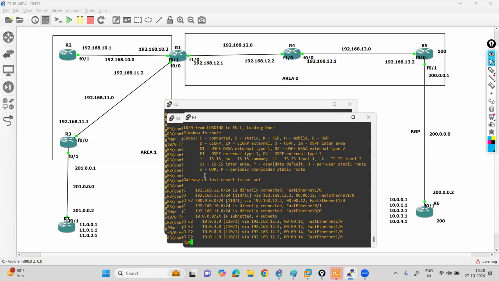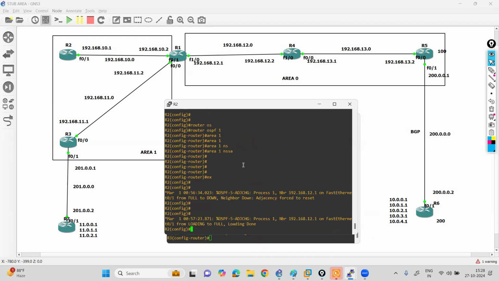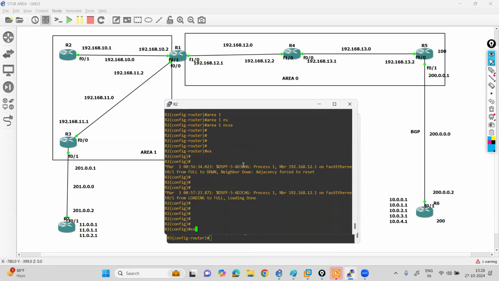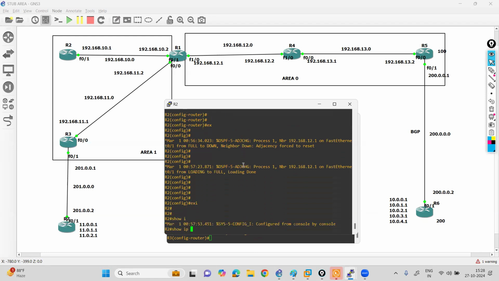Okay, dear. So all the routes, let's check on R1. Let's go to R2 and put a command: show IP route.